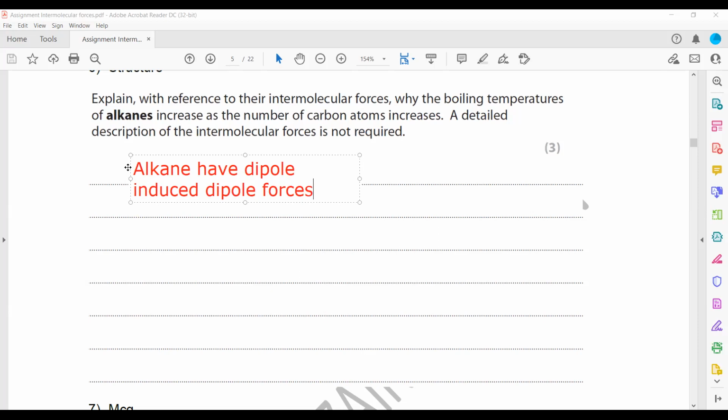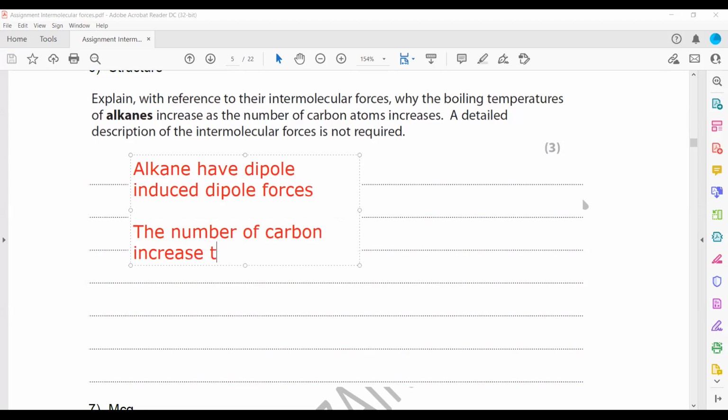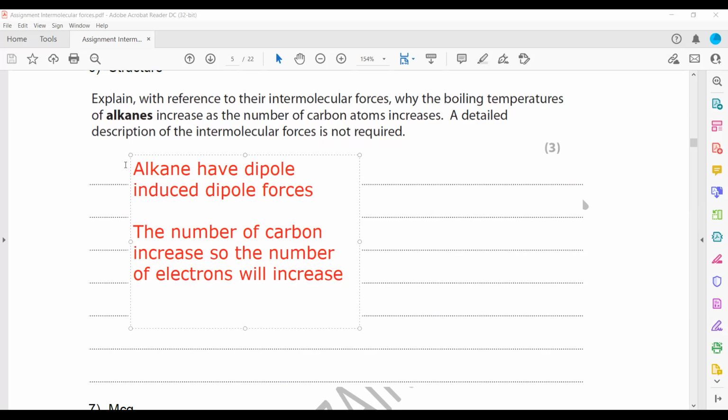Then as the number of carbons increases, the number of electrons will also increase, and as the number of electrons increases, the force between the molecules will be stronger.